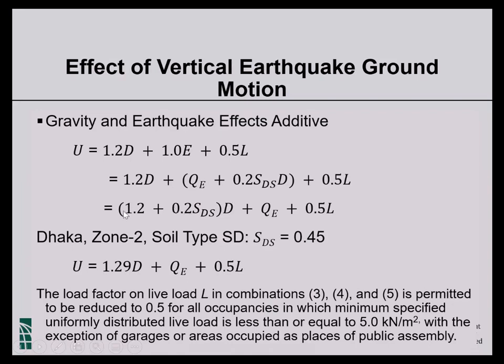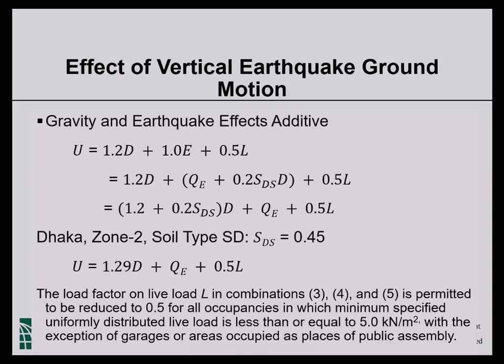So the load factor of 1.2 on dead load becomes 1.29 on dead load. So by considering vertically downward earthquake effect, we have increased the dead load factor from 1.2 to 1.29. That's precisely what we have done through everything that I have discussed.